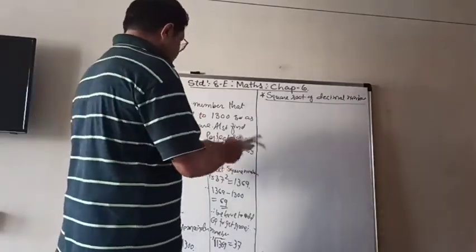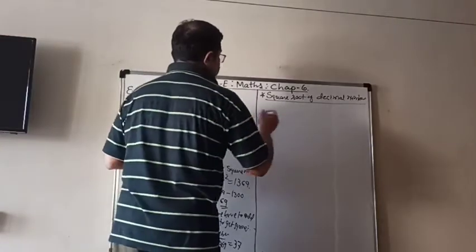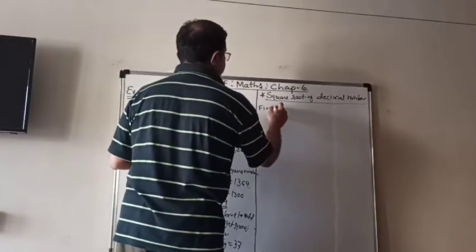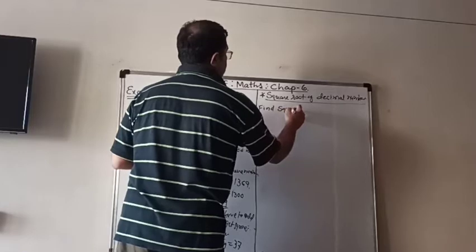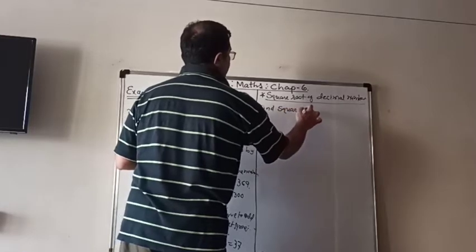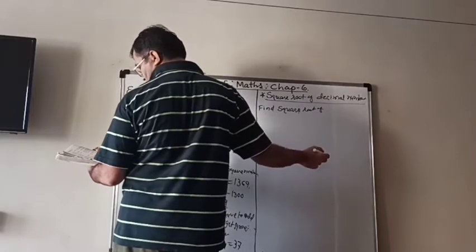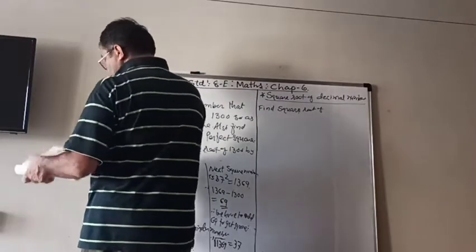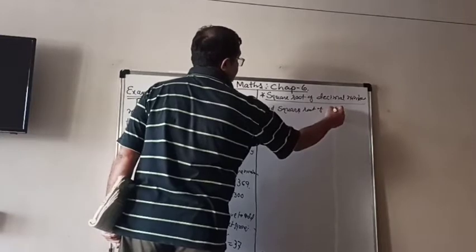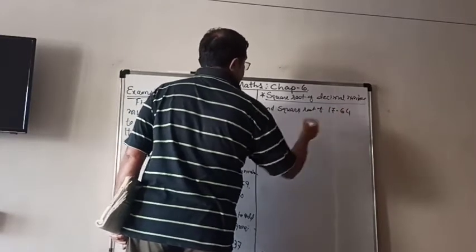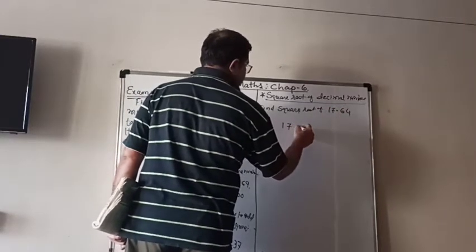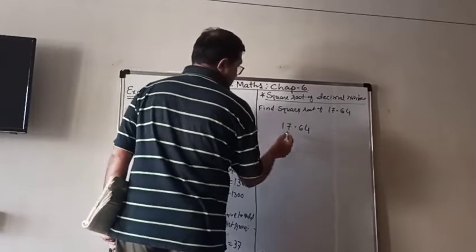Suppose we take an example, find the square root of 17.64. So now we have to take that number 17.64.